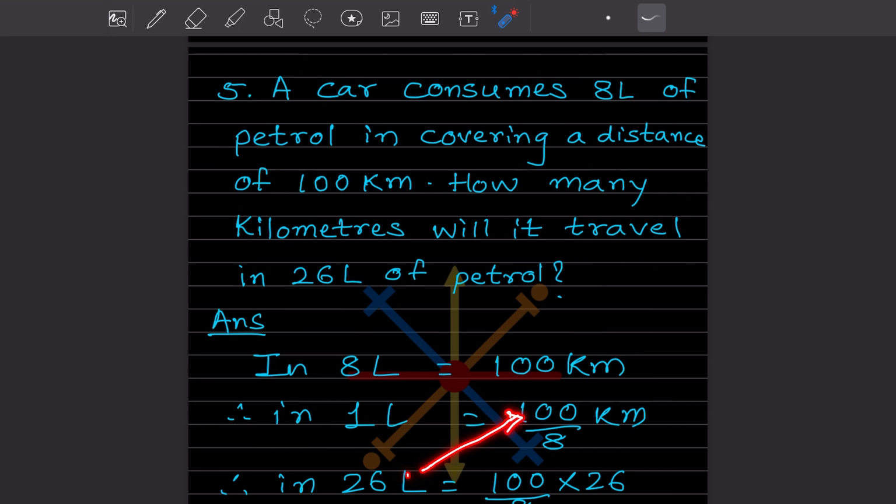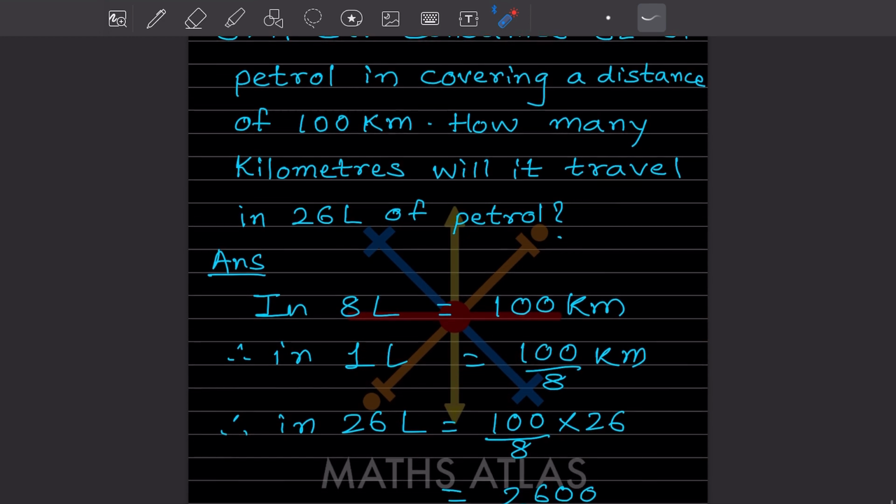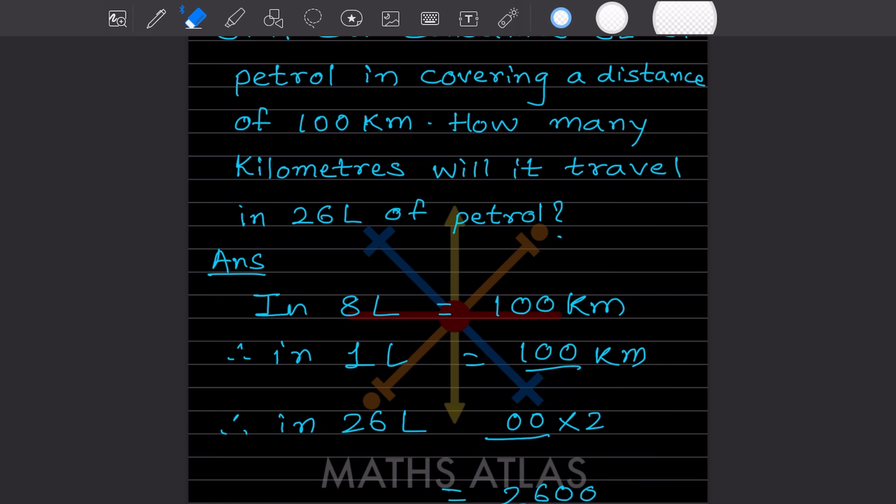So what will you do? You will cross multiply. 26 multiplied by 100, or 100 by 8 multiplied by 26, and this 8 goes in the denominator. You can do it two ways: either cut it over here, or just multiply.